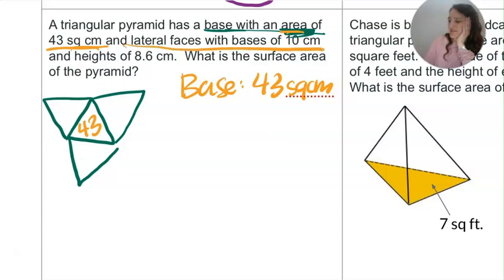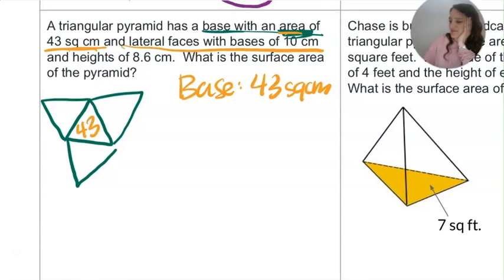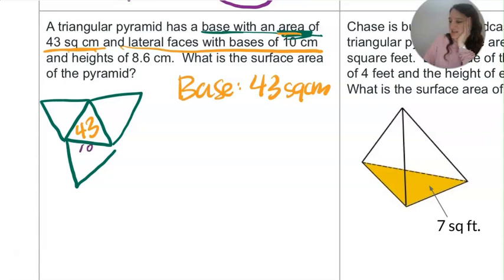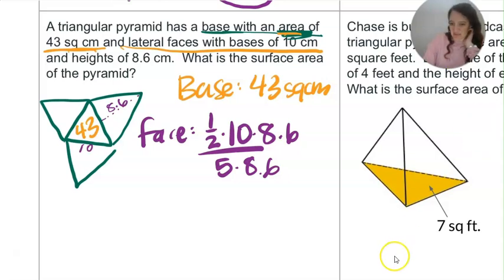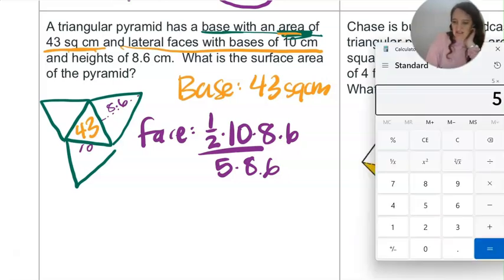And lateral faces with bases of 10 and a height of 8.6. So now for the faces, I'm going to go 1/2 times 10 times 8.6. 5 times 8.6 is 43.